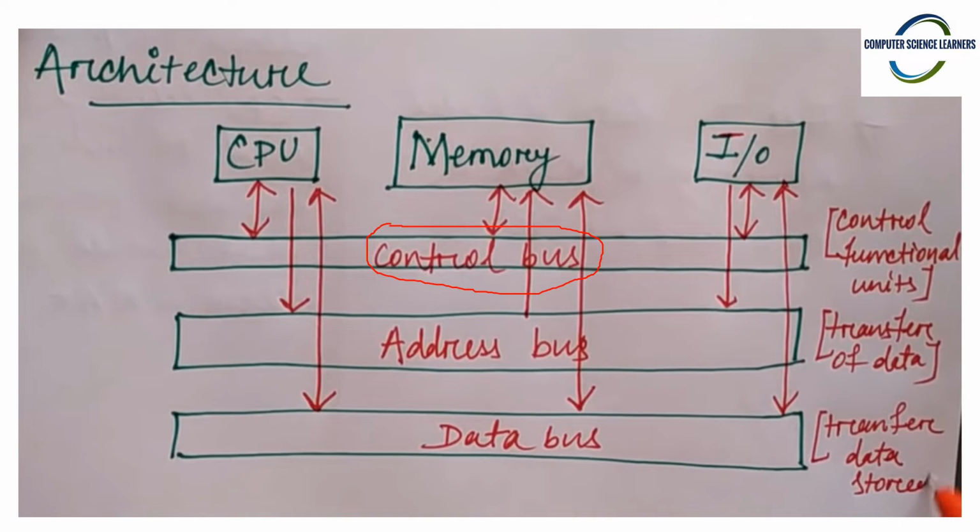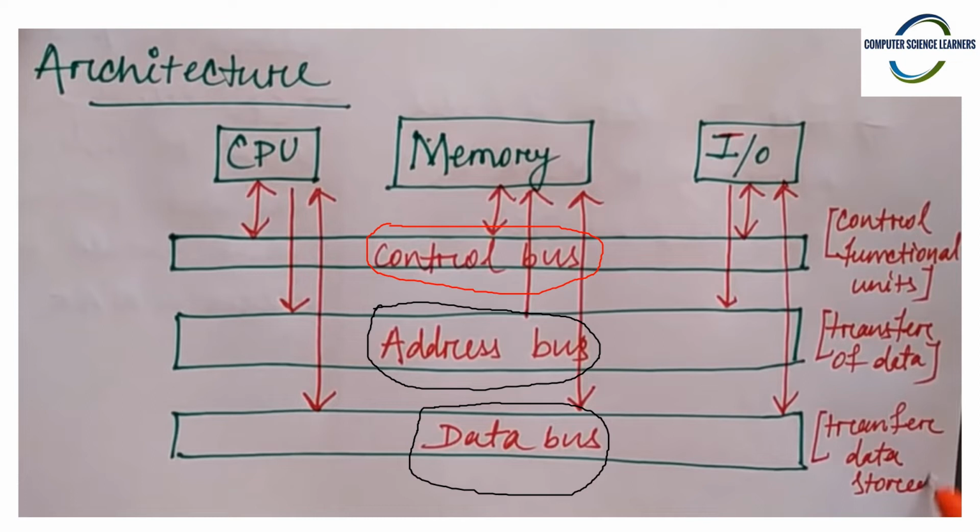Then the address bus. Once we access the memory, we need to send the address, and for that we use the address bus. The width of the address bus determines how many locations we can access, right? Then the data bus, which determines how much data we can transfer in parallel. Again, that depends on the width of the data bus.